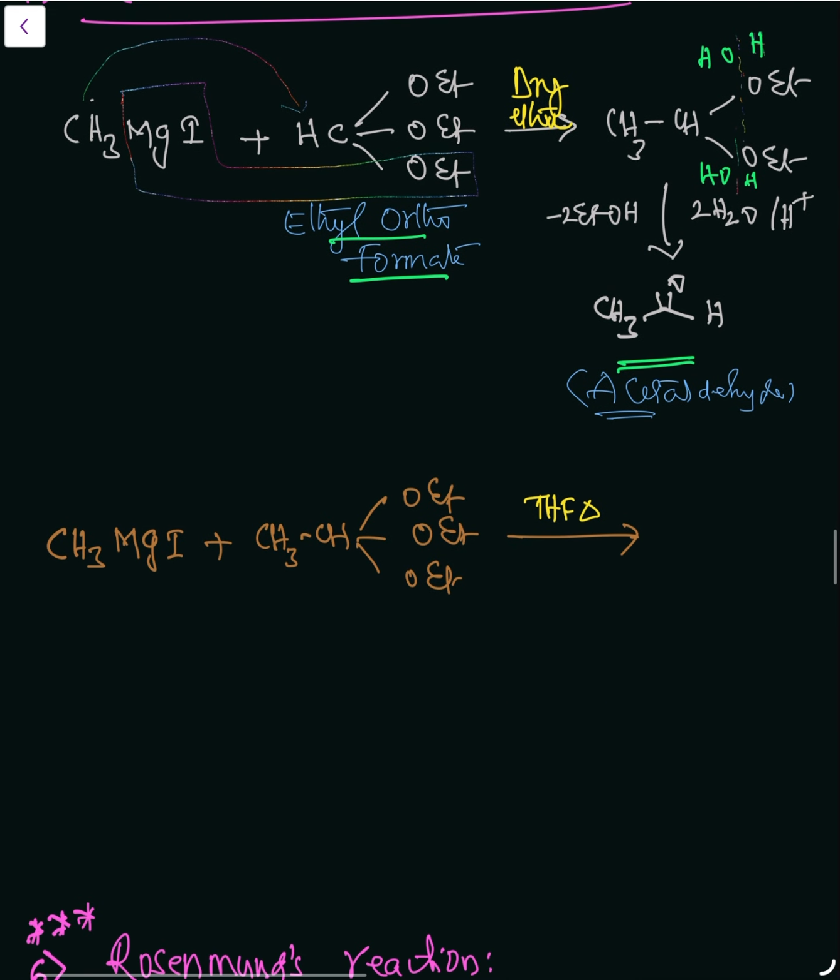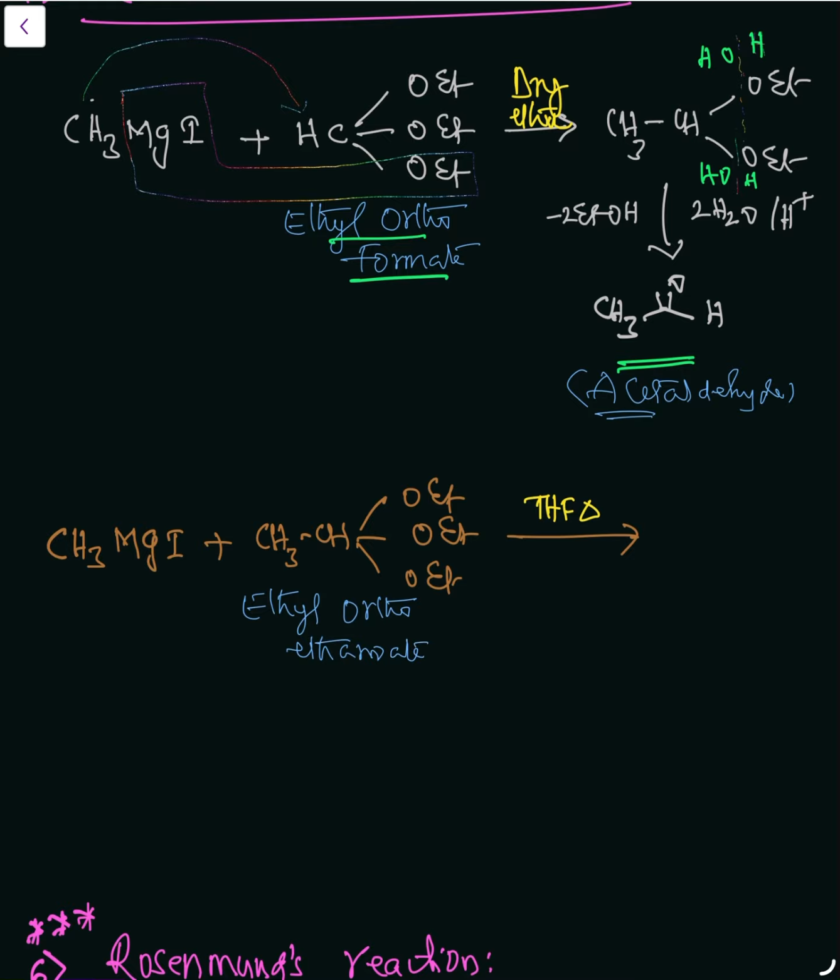In the same way, let us see methyl magnesium iodide when it reacts with ethyl orthoethanoate. First one is formate.